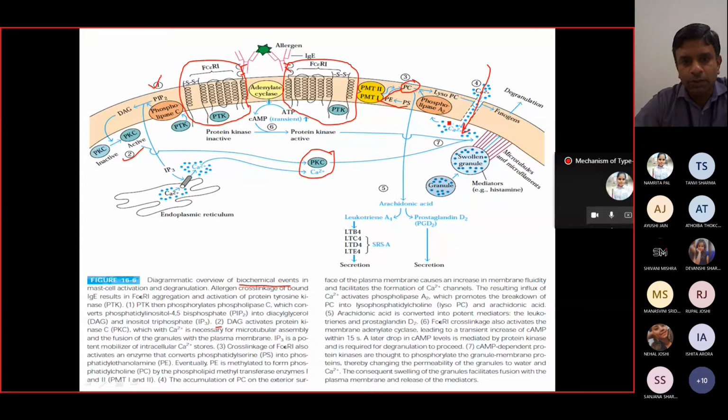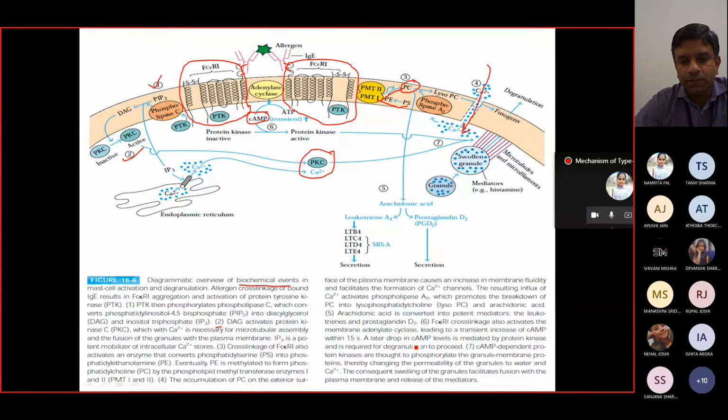right. And then you have another thing, this cross linkage also activates membrane adenylate cyclase, right. So membrane के अंदर ही adenylate cyclase है, leading to a transient increase of cAMP level, right. So you can see सेल के अंदर cAMP level increase होना शुरू हो जाएगा, okay, leading to transient increase of cAMP within 15 seconds.